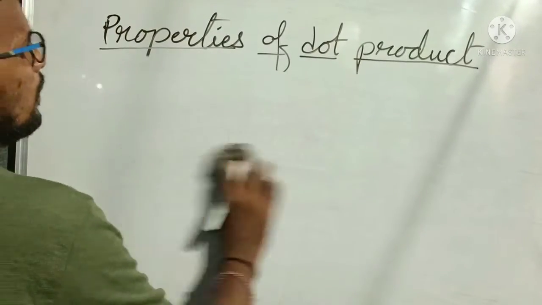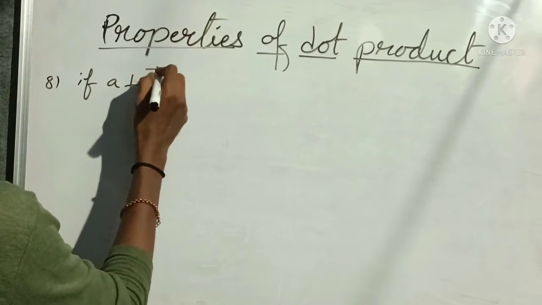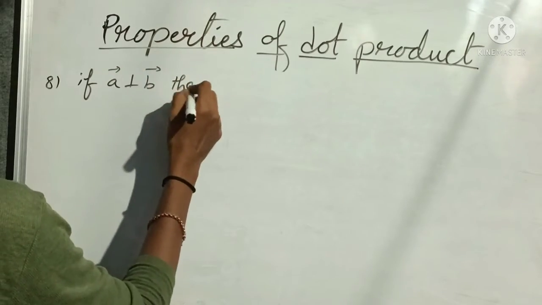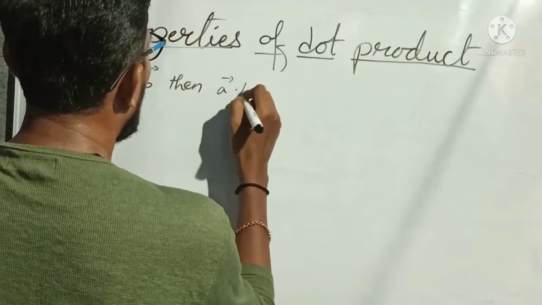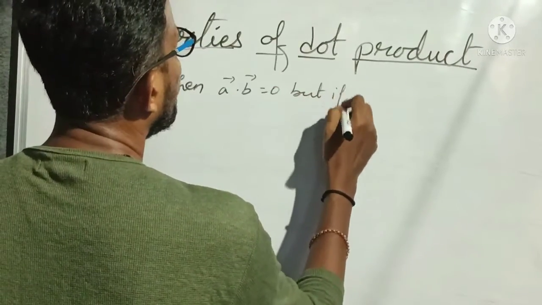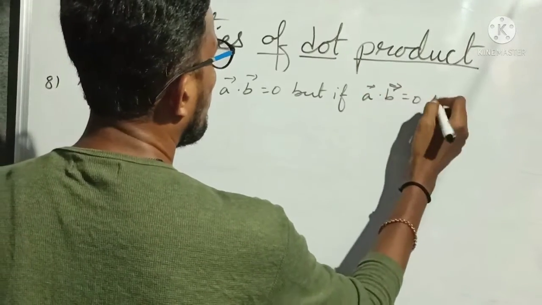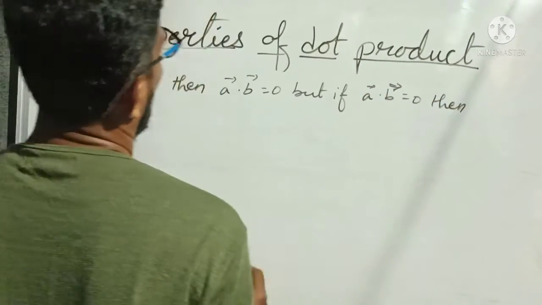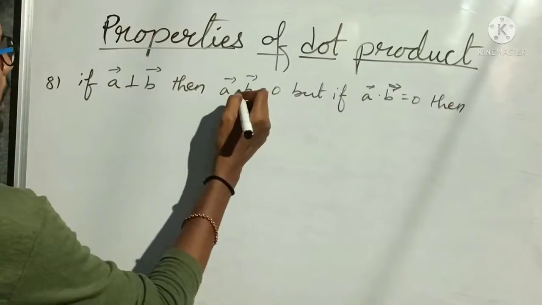So, eighth property is, if A bar is perpendicular to B bar, then A bar dot B bar is equal to 0. Why?